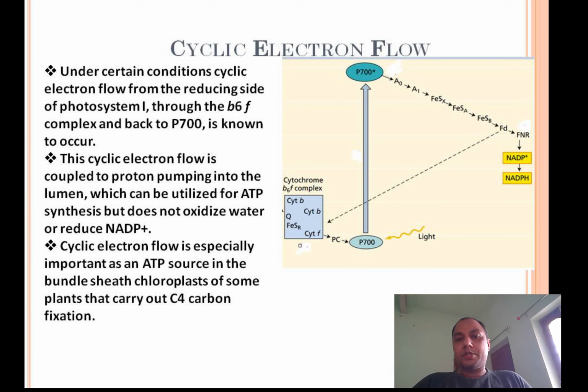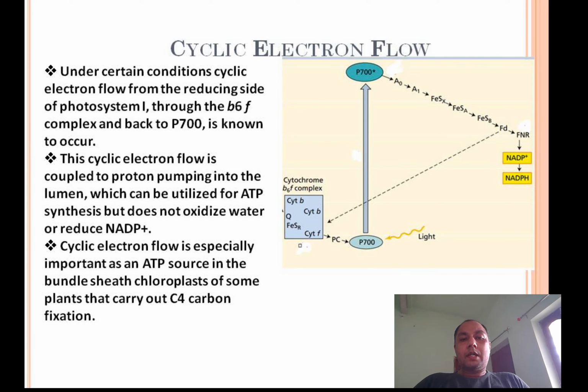The excited electron is not given to the synthesis of NADPH; rather, from the ferredoxin it is channelized again to cytochrome b6f. This situation just creates the PMF, which is utilized for the synthesis of ATP. Less energy is synthesized here; no NADPH is synthesized.